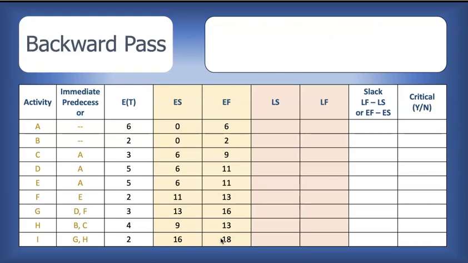Now we want to do a backward pass. So we're starting at the end and we're working our way back to the beginning. So we're starting with activity I. And our first question is, is activity I an immediate predecessor for any other activity? So we're looking in the immediate predecessor column for activity I. There's no activity I in the immediate predecessor column, so it is not a predecessor.